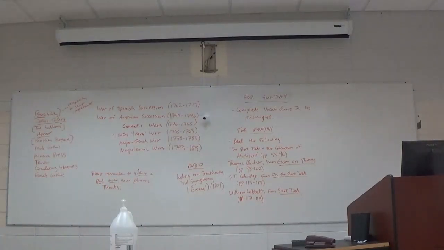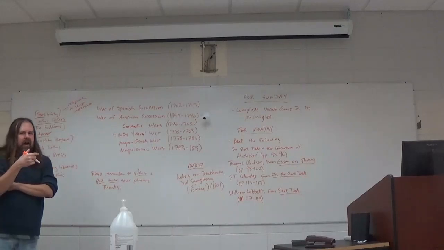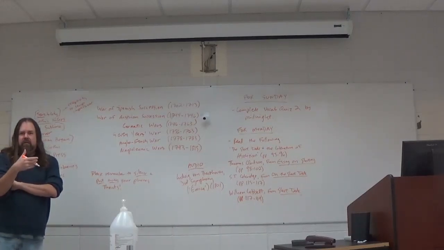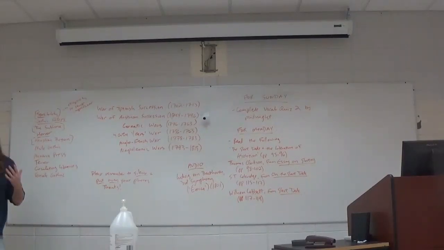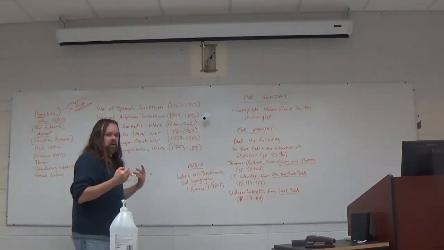The Faustian bargain is a motif in literature or in folklore where somebody makes a deal with the devil in exchange for power or wealth or knowledge or some such thing.